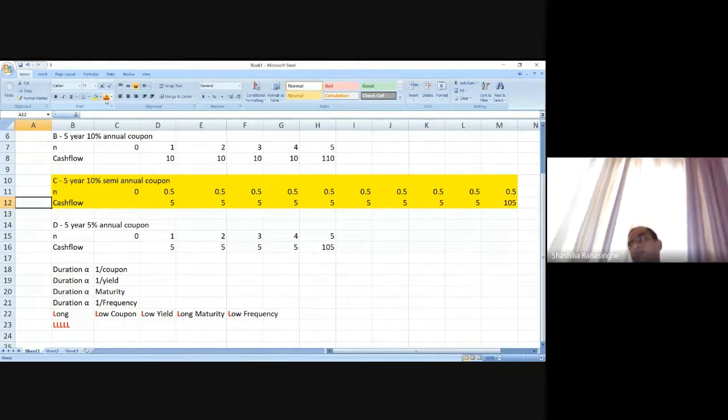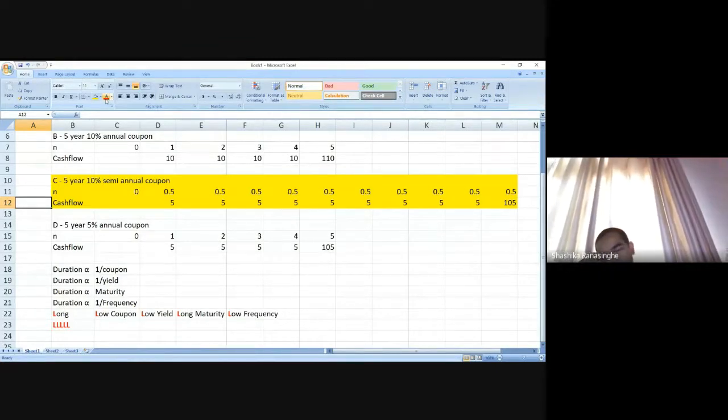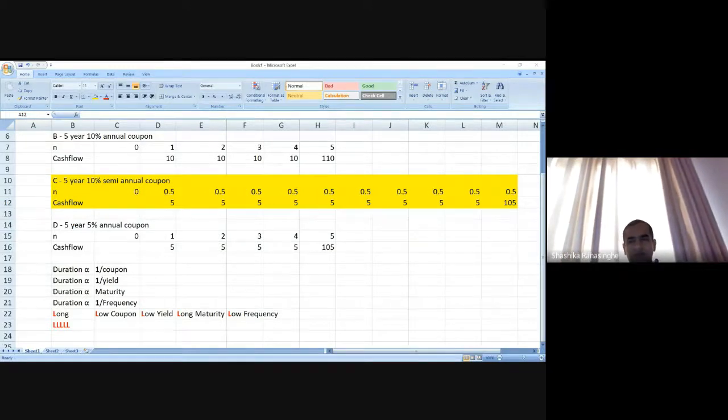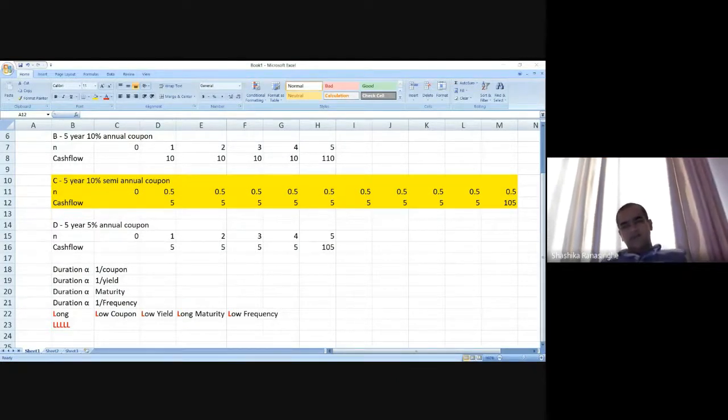I'll explain using another example. Now, your salary. How often do you want your salary? Do you want to receive your salary annually? What do you all think? Do you like it if your salary is paid annually?